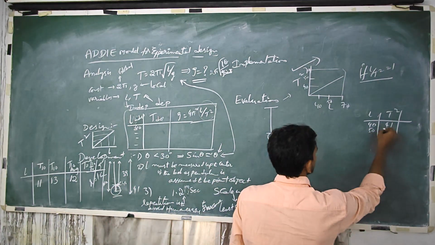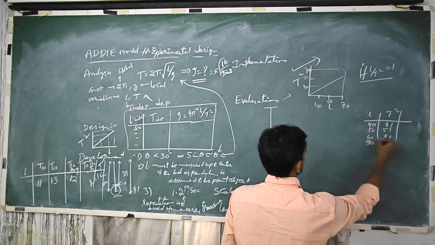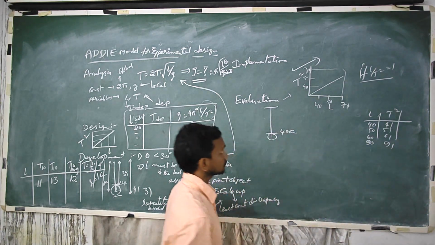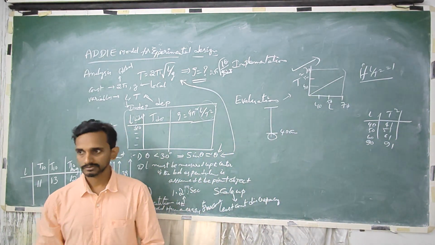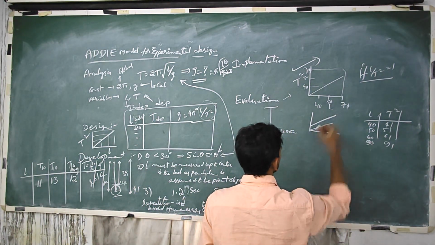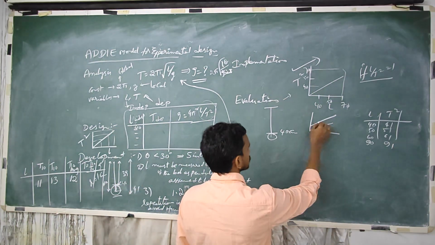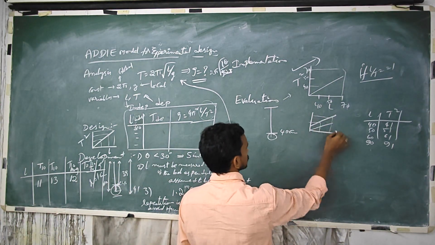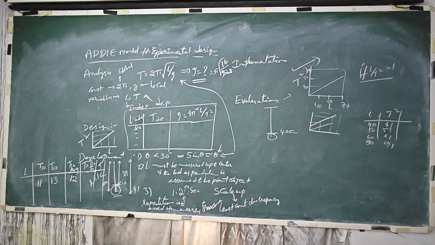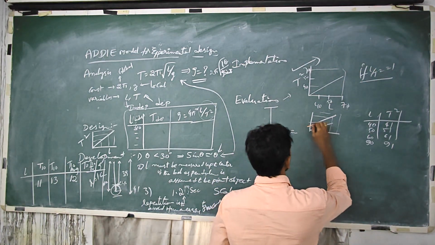So for 50, you get 51, for 60, 61, for 90, 91. So what happens to the graph? The graph shifts up. So for 40, you'll get 41, 50, 51, 90, 91. So the graph shifts up.